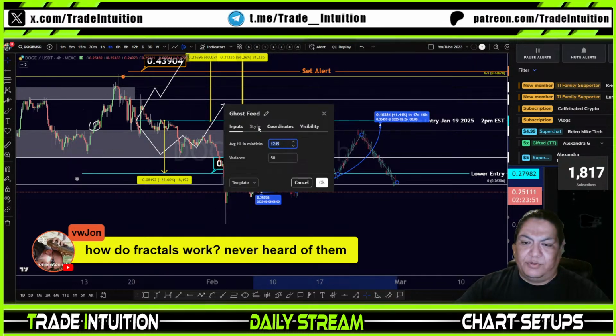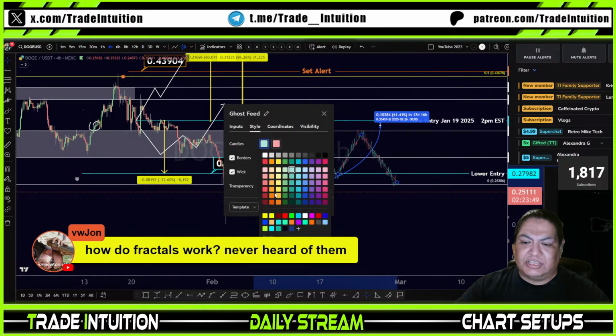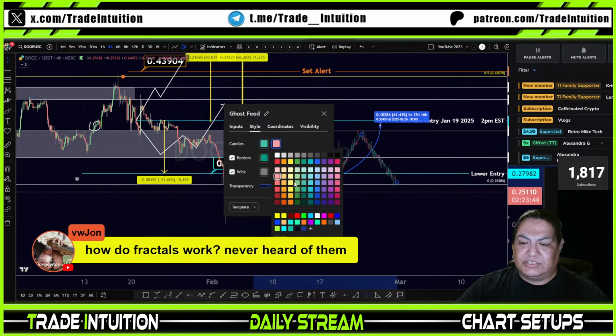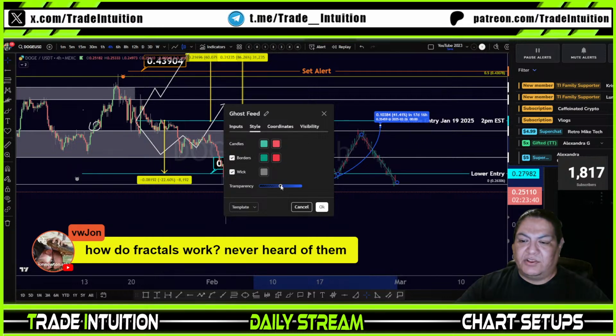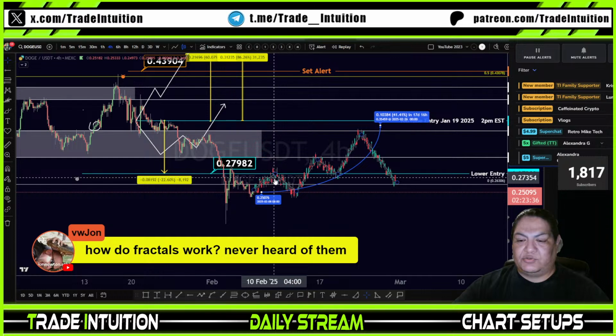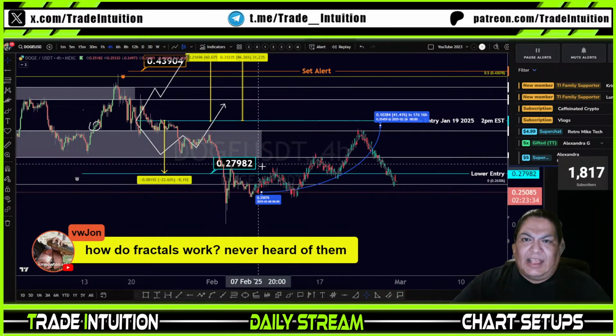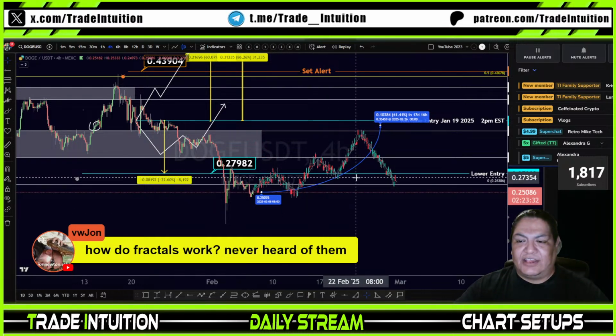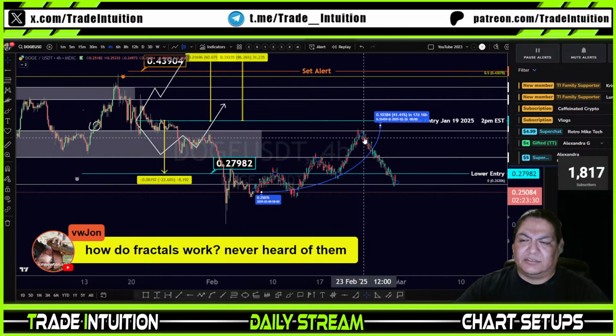And you can go to input, style. You can change the candles to where it's a little bit greener, and this to where it's a little bit redder. And then transparency, so you can see the difference between these and these, hopefully. How cool is that? It's actually candles. I didn't know that was there either. Found that out today, I think.